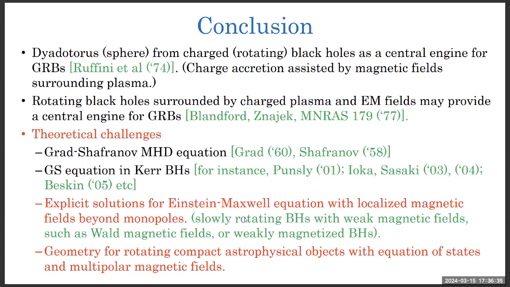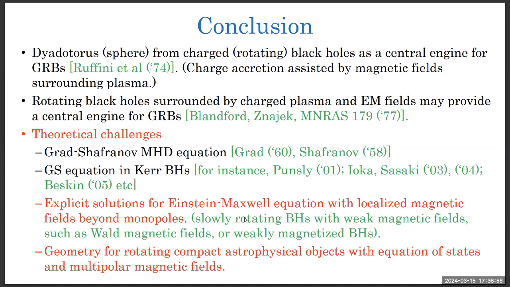But anyway, our observation just confirmed that black holes are surrounded by this ion plasma and a magnetic field up to 10 to the 8 Gauss or 6 Gauss. Pretty strong. Now, what is the Einstein-Maxwell solution for them?